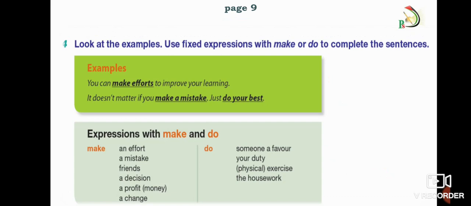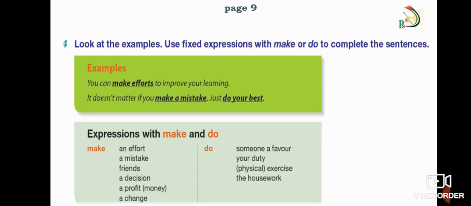Here we have some expressions. These expressions are not new for grade 11 students because you have already taken them in grade 10: do and make. Just read them and you will understand that some of the expressions take make and some of the others use do.